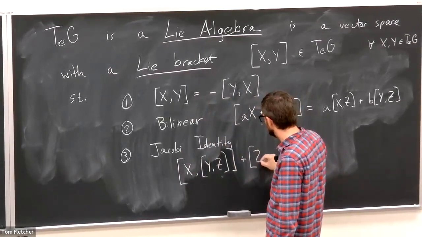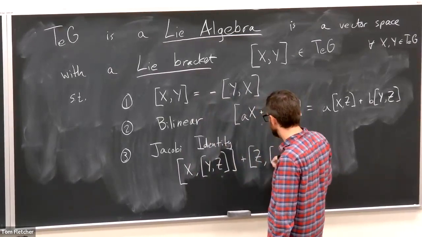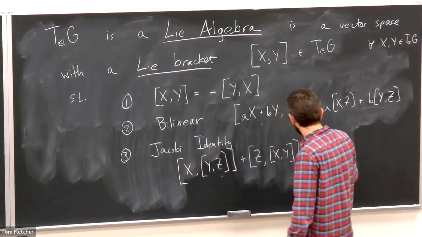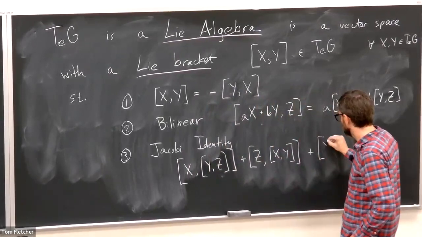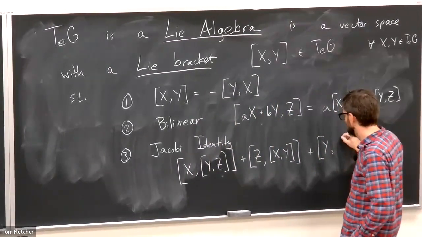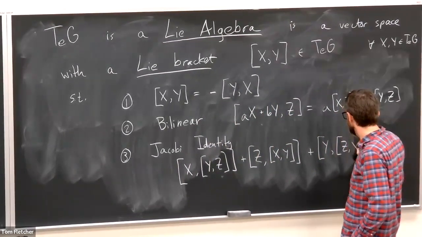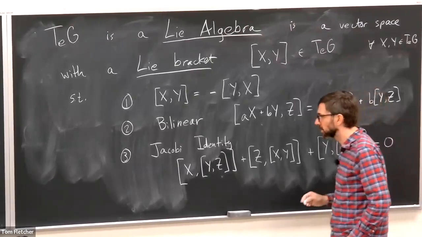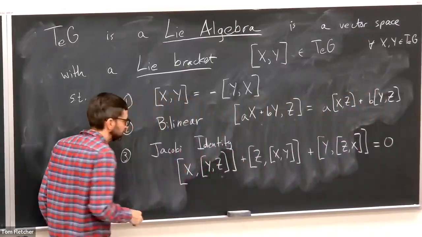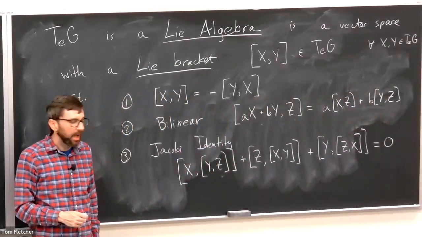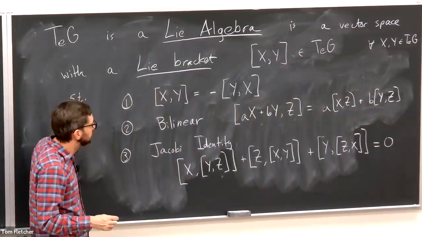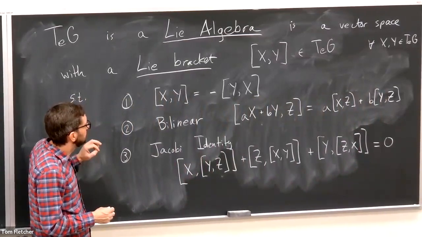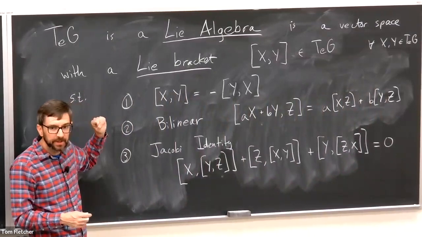The cycling wraps around: [[x,y],z], then [[y,z],x], then [[z,x],y]. You cycle all these things, and that always will add up to 0. These are the axioms that the Lie bracket has to satisfy.